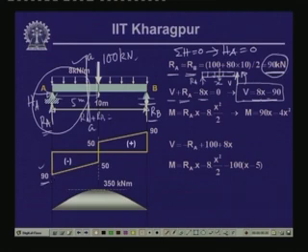Now, at x equals 5, that means just before this concentrated load, V is equal to 5 times 8, which is 40, minus 90. So, this is equal to minus 50, and the value at this particular point is minus 50.